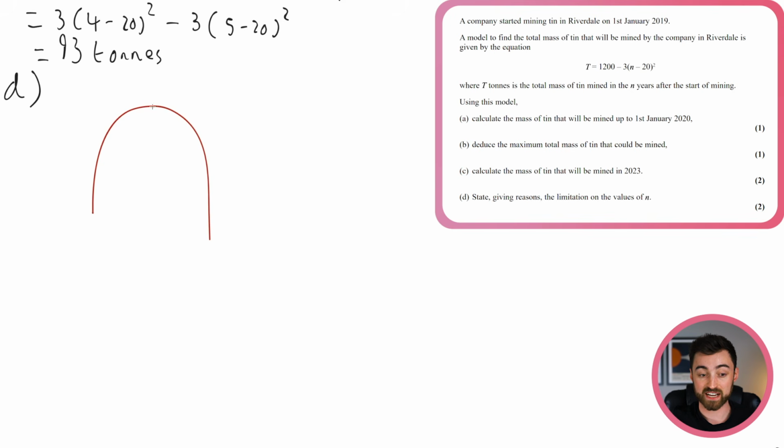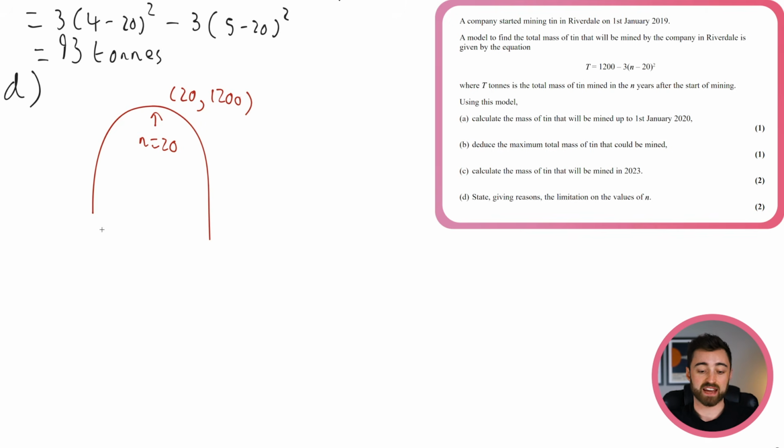And we know what this maximum point is going to be. We deduced that in part B. It's related to the fact that the maximum point is when this n minus 20 is 0. So that is going to be when n equals 20, right? And that happens to correspond to t is 1200. So that's going to be the coordinates 20, 1200.